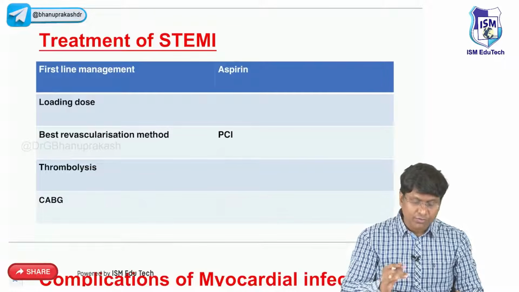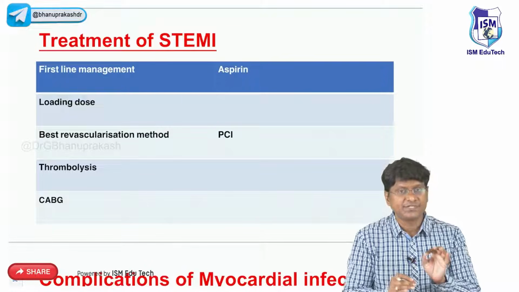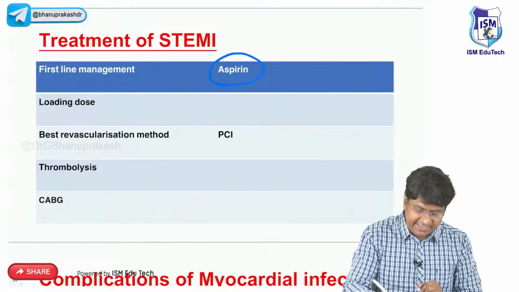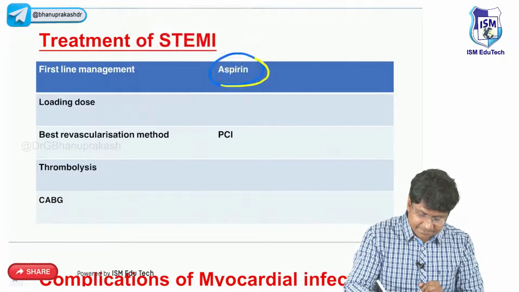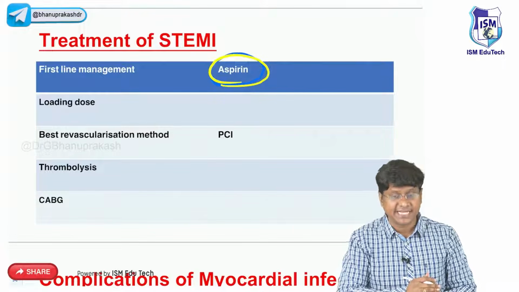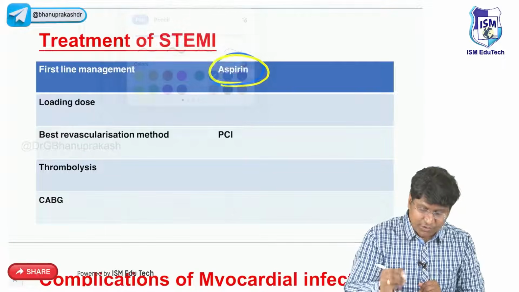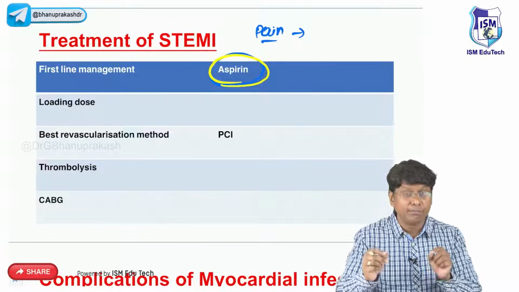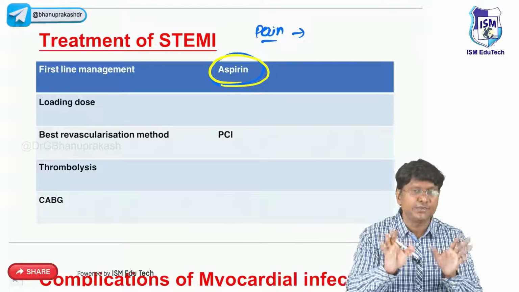Now, you need to know the treatment. If the question is asked, what is the first line management? The first line management is that you need to give aspirin, right? But for pain control, you need to check the blood pressure and then give the drug.